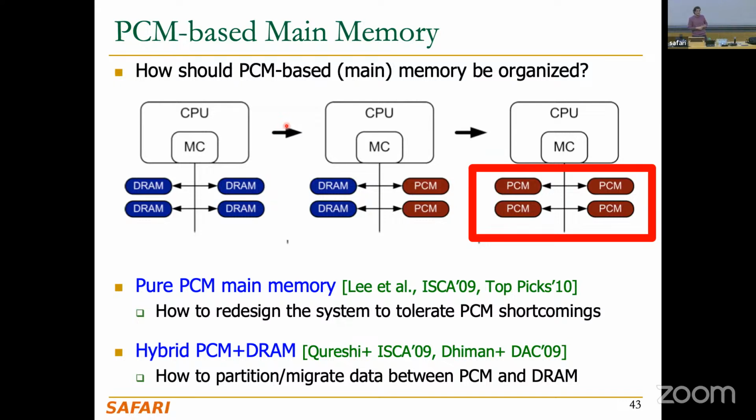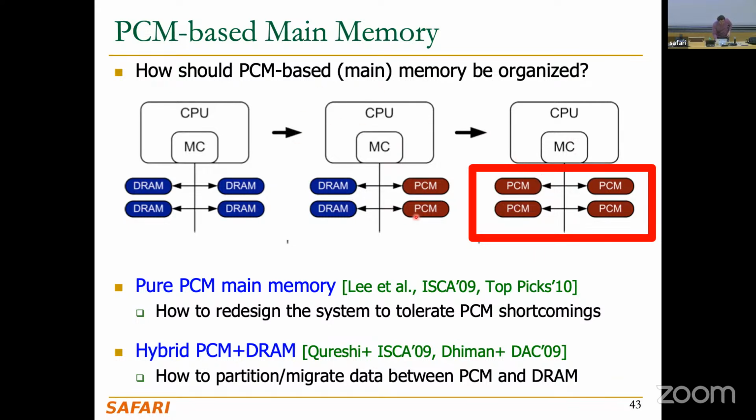Its cost is better, but read latency is a bit problematic. So you can decide different organizations when you want to use PCM as memory in your system. These two papers that you see here have explored different organizations that involve PCM. So you can have a PCM-only system.